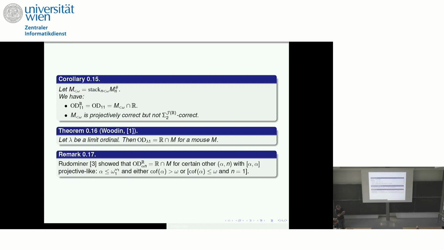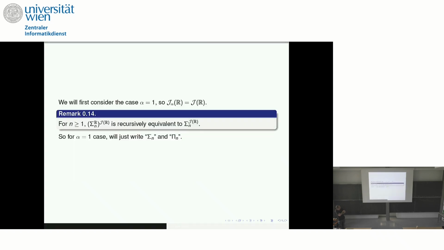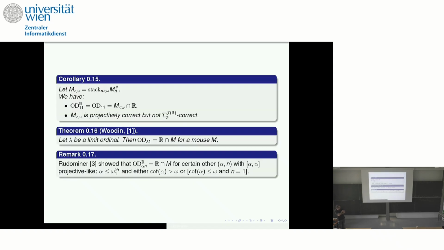Okay, so then we had the projective level, and the first one sort of beyond there is this OD 1, 1. So this is delta 1 in a countable ordinal over J of R. The first one is the alpha, and the second one is the degree of definability. So this is talking about over J of R. This is just sort of putting all the projective things together. So OD 1,1 is the same thing as the reals that are in this M less than omega, where that's just the union of the Mn sharps.